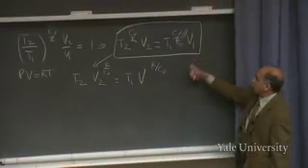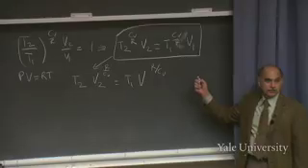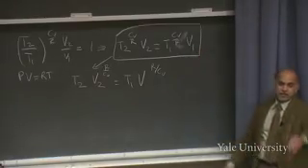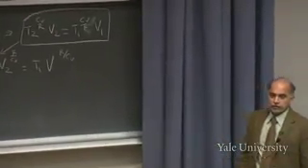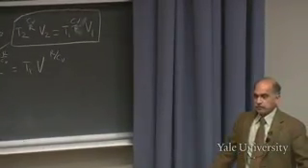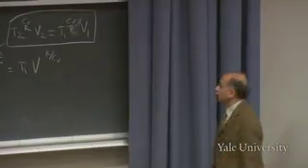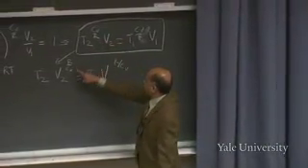If that is true, this is true. How did I go from here to here? You take R over CV power. Exactly. Raise both sides to the power R over CV. It's cooked up so that CV over R goes away and the R over CV falls on V2.